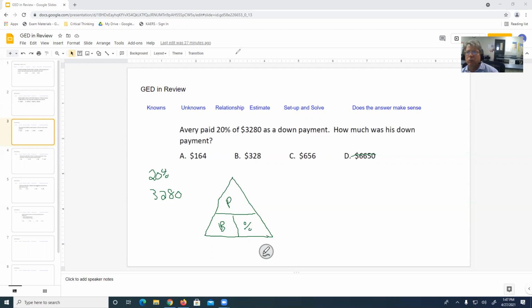And what this triangle relationship tells me is that the portion and the base will be divided, and that will allow me to find the percent. If I divide the portion by the percent, that'll give me the base, and the base times the percent would give me the portion.